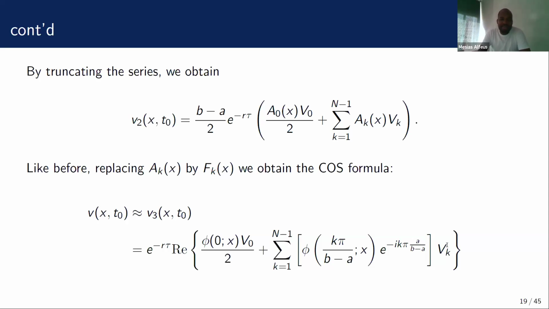And then again, we replace the AK by F. And then when we do that, we get the real part of the Fourier transform or characteristic function. Phi is the characteristic function, which is the Fourier transform of a density function, called a characteristic function.